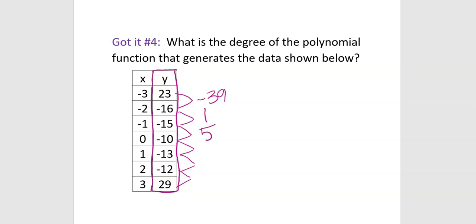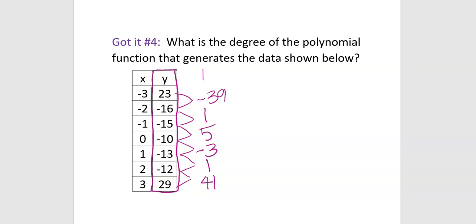Negative 13 plus 10, and I'm only saying plus because there's 2 negatives in a row, would be negative 3. Negative 12 plus 13 would give you 1, and 29 plus 12 would give you 41. So it's not 1.